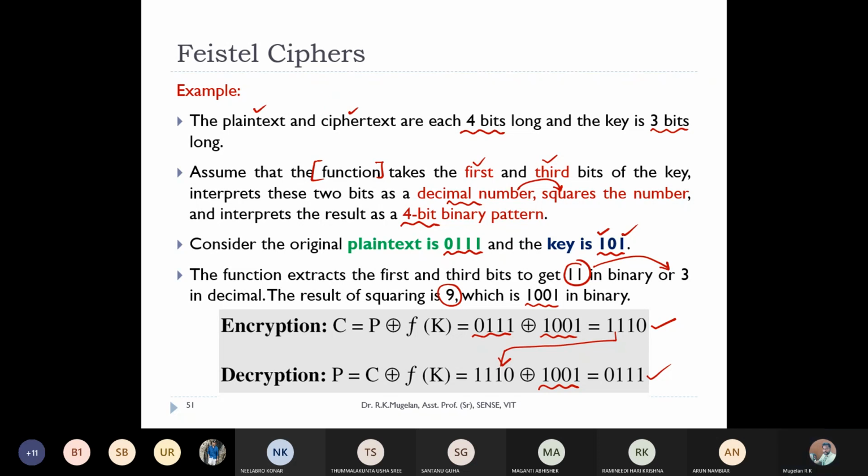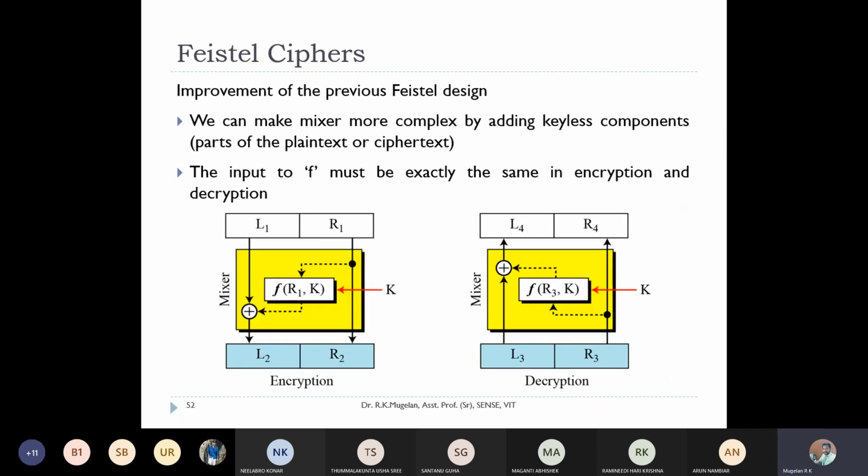Right. Now we move on towards the improvement of the Feistel design. So some modifications were made. That is, they made the mixer do more complex operations, and they want to involve the plain text also inside this function.